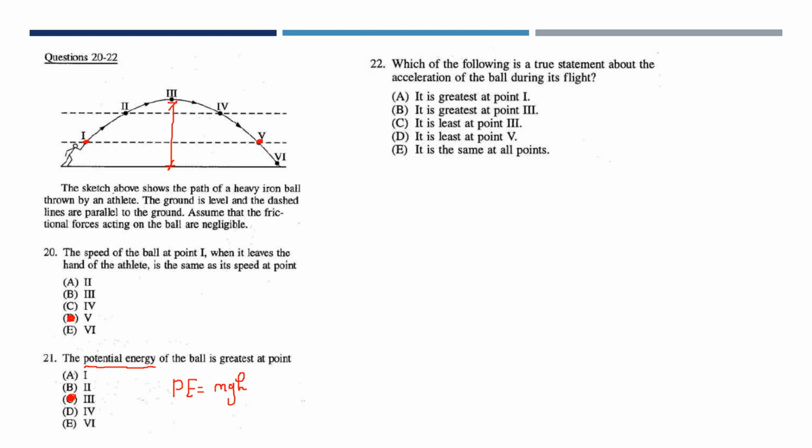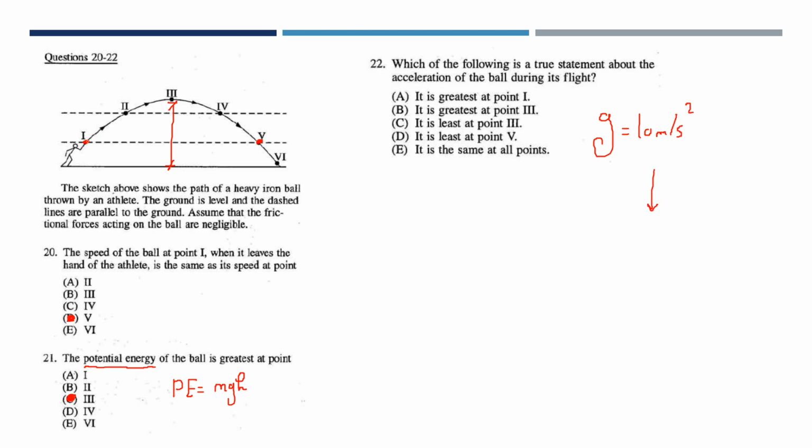Question 22. Which of the following is a true statement about the acceleration of the ball during its flight? Don't forget, any projectile is being acted upon by a gravitational acceleration. The gravitational acceleration is 10 meters per second squared, acting always downwards.